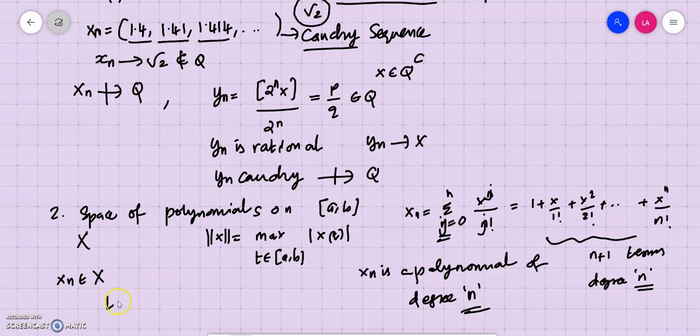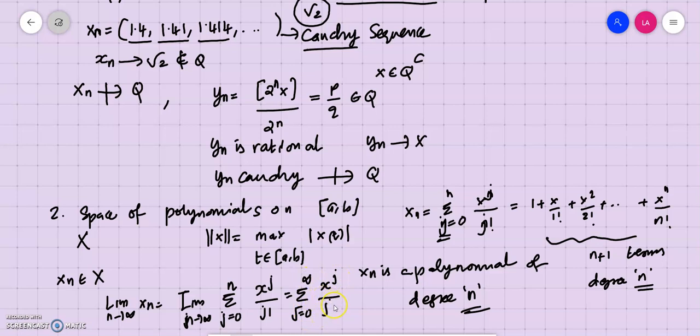So if we take the limit as n tends to infinity of x_n, which is the limit as n tends to infinity of the summation j equal to 0 to n of x raised to j by j factorial, which is actually the summation j equal to 0 to infinity of x raised to j by j factorial.